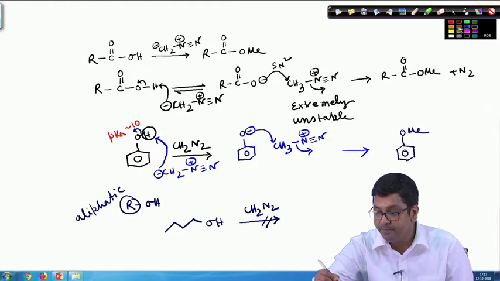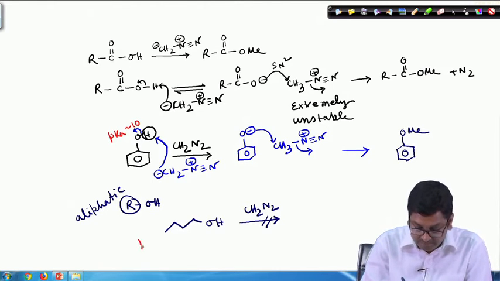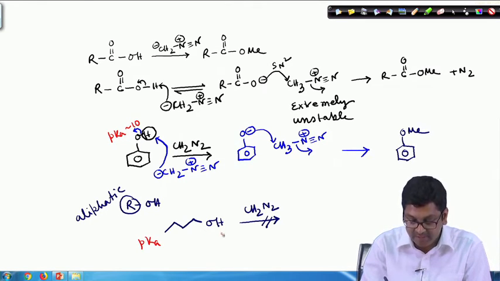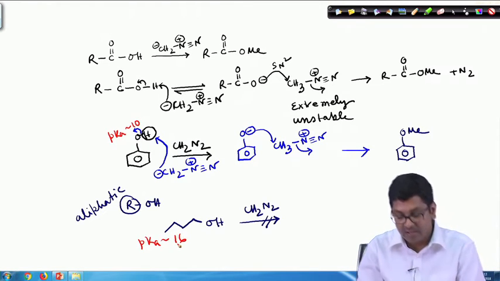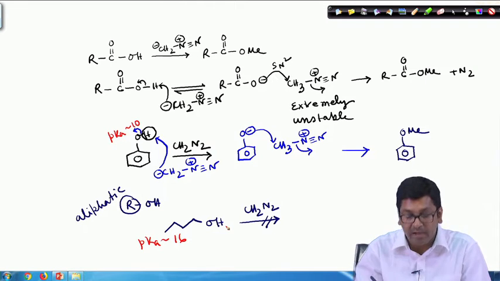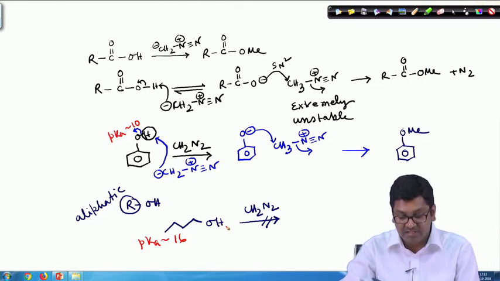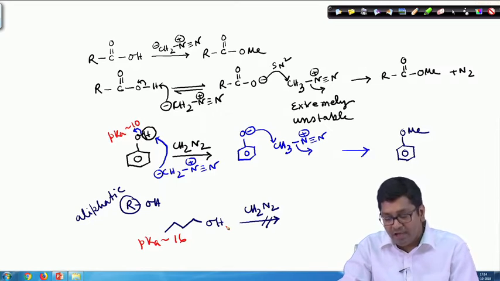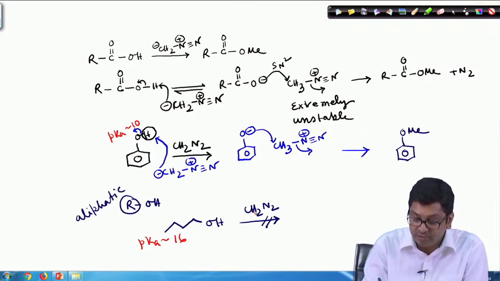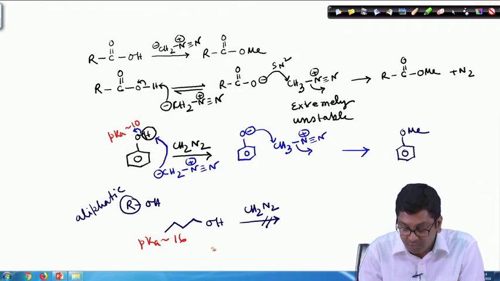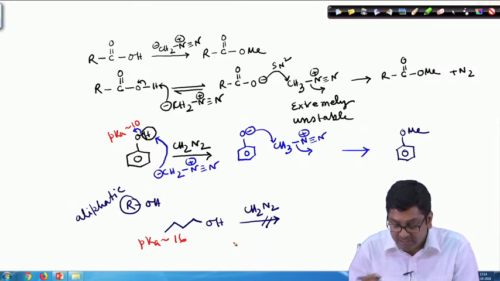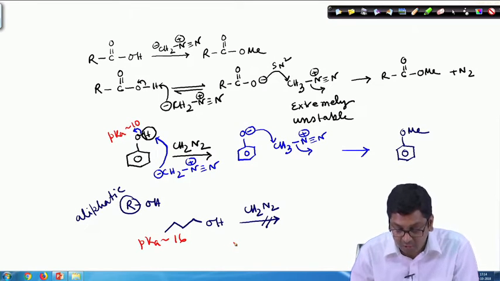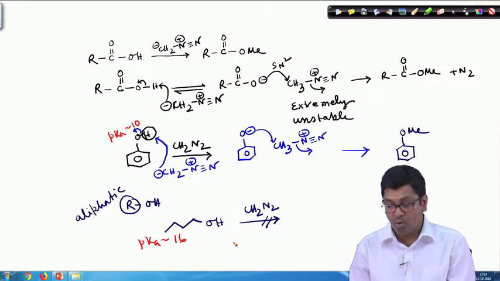The reason is very simple: the pK of this hydrogen is around 16. All these aliphatic alcohols are around 16 approximately, and this is not acidic enough for diazomethane to pick up that proton to give the corresponding anion. So, when it is an aliphatic alcohol, these reactions will not work.